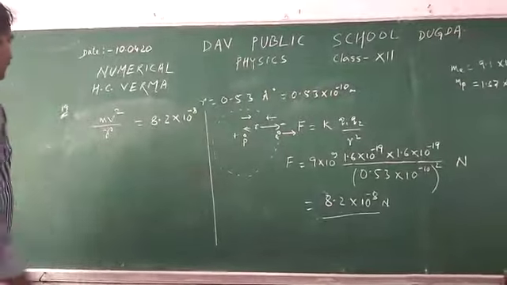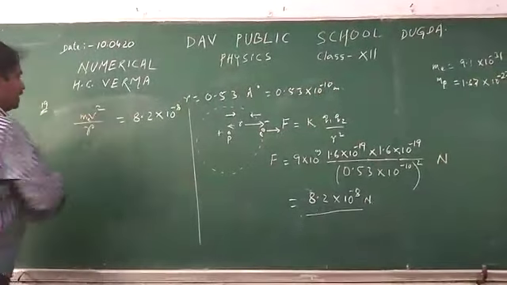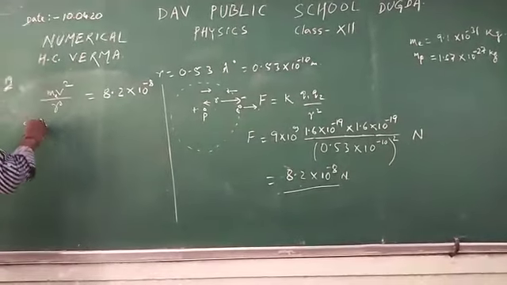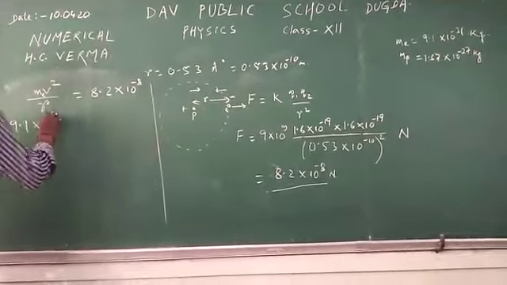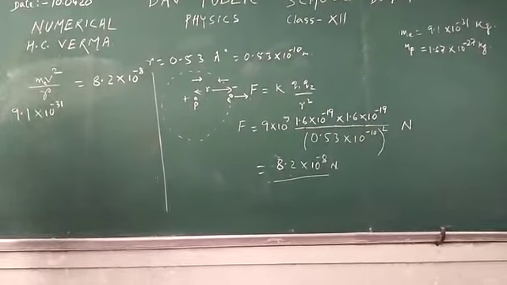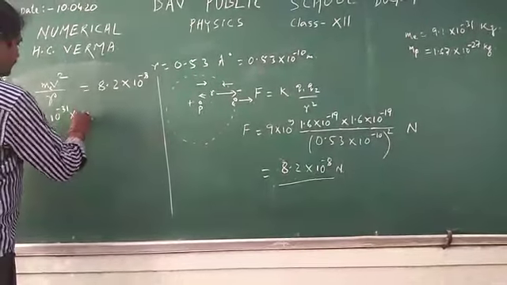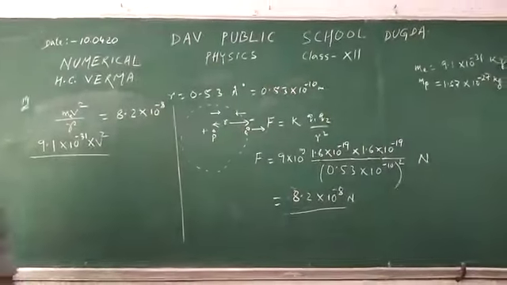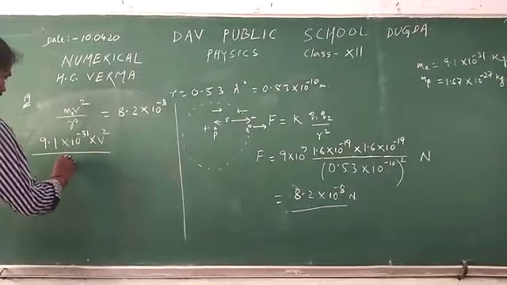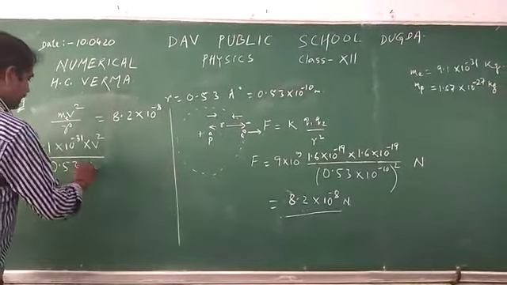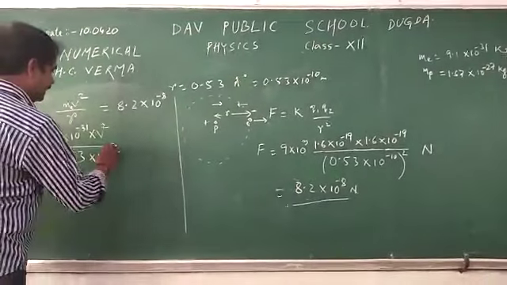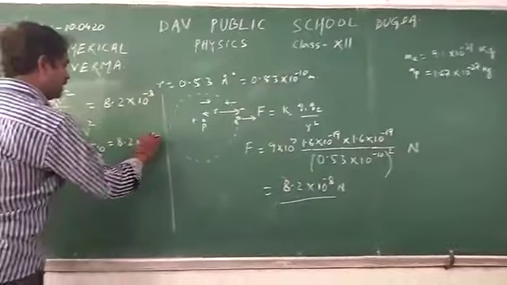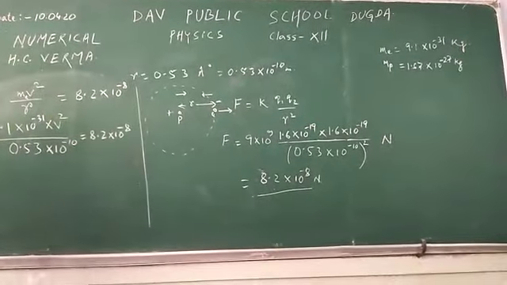m is the mass of an electron, and we know the mass of an electron is 9.1 into 10 to the power minus 31 kg, into v square divided by r. Your r is 0.53 into 10 to the power minus 10. This is equal to 8.2 into 10 to the power minus 8.